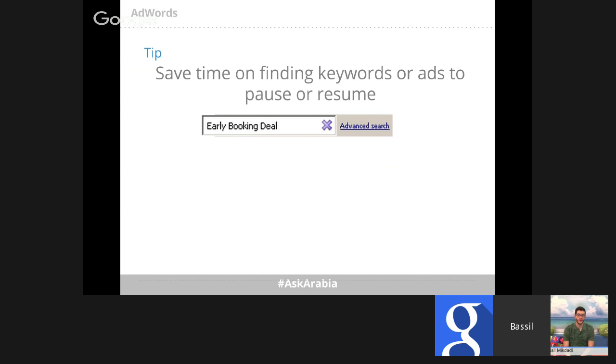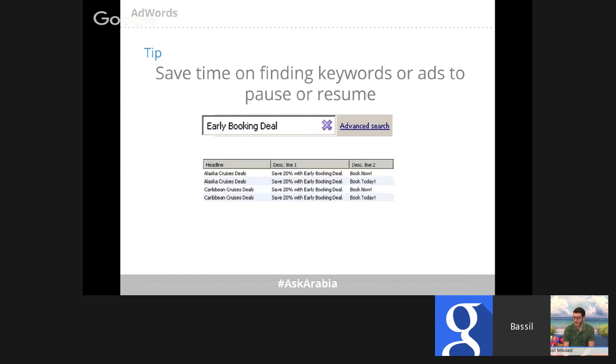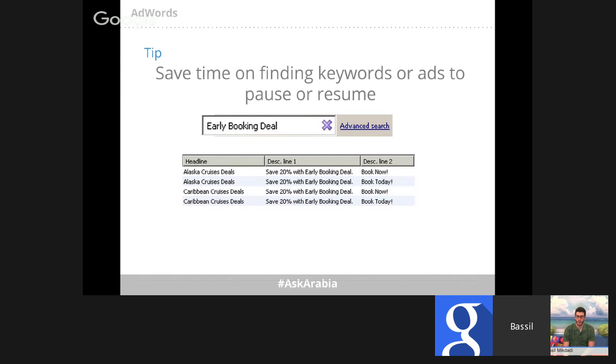Upon reaching this deadline, you can find all the ads with early booking deal and pause them. So let's say the offer is over and you don't want this campaign to run anymore. You can just easily put in a search term that's close to the copy or close to the name of the ad group or the campaign, find them all, and then switch over from approved to paused.